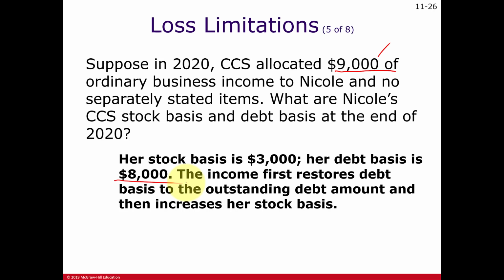And the rest of the income, 3,000, again, she has to report this as income, is going to be allocated as stock basis to the stock. Notice now in this example, she had no withdrawal at all. She didn't take out any money, but she has to report income here, at least for this 9,000 being allocated to her.